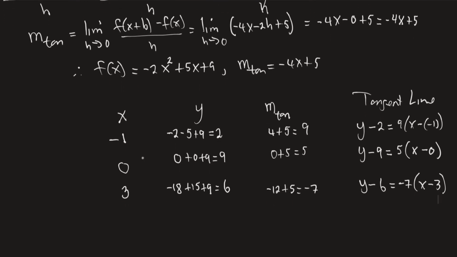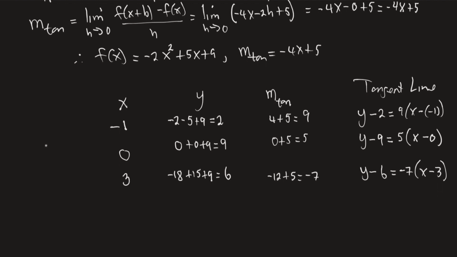And the name of this function that we've been using to compute the tangent line slope is called the derivative, right? Because it is a function. If you look at it, in fact, it's a linear function, negative 4x plus 5.